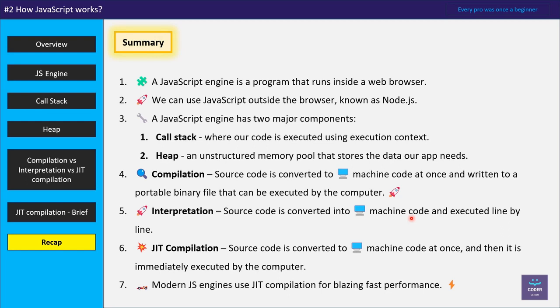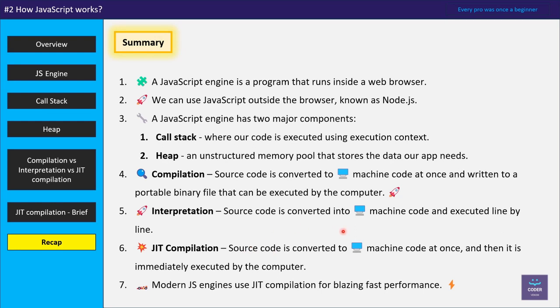For example, the first line is converted to machine code, then it is executed. The second line is converted to machine code, then executed. Third line, machine code execution. So it happens line by line. It takes time, so it is very low performance, so we are not using this. After that, JIT compilation. In JIT compilation, our code is converted into machine code at once, then it will execute immediately. Got it?